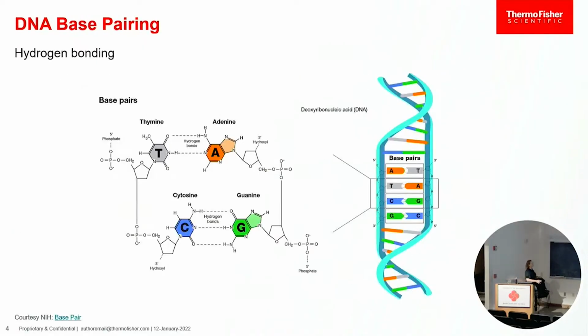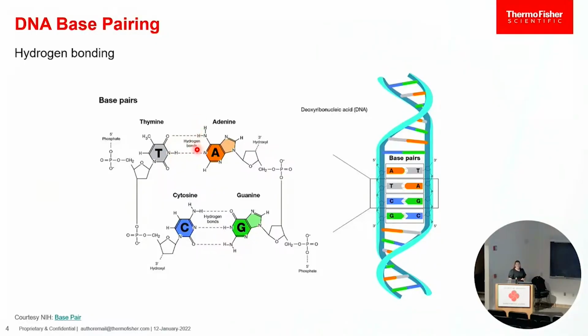So just a picture, when we talk about base pairing, this example is of DNA. And what I want to point out is that when we talk about base pairing, these molecules are actually hydrogen bonding with each other. Let me get my pointer out. We have these associations with each other.